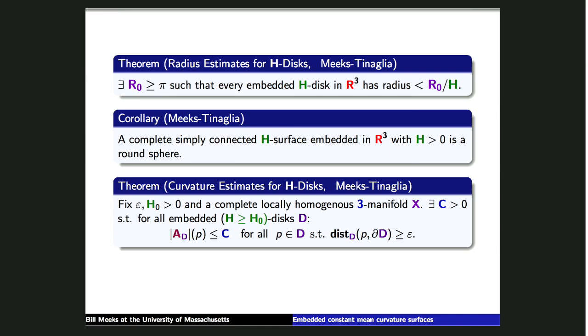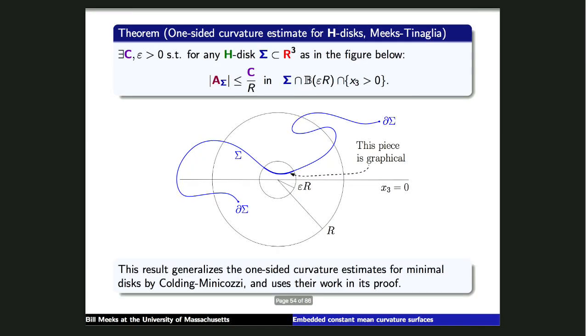The very strange thing here is the mean curvature is at least as big as this. So if you think about that a little bit, that means once the mean curvature is really big, the surface is compact. It has a bound on the radius. Anyway, so this really has inside, even though you don't see it, radius estimates in it.